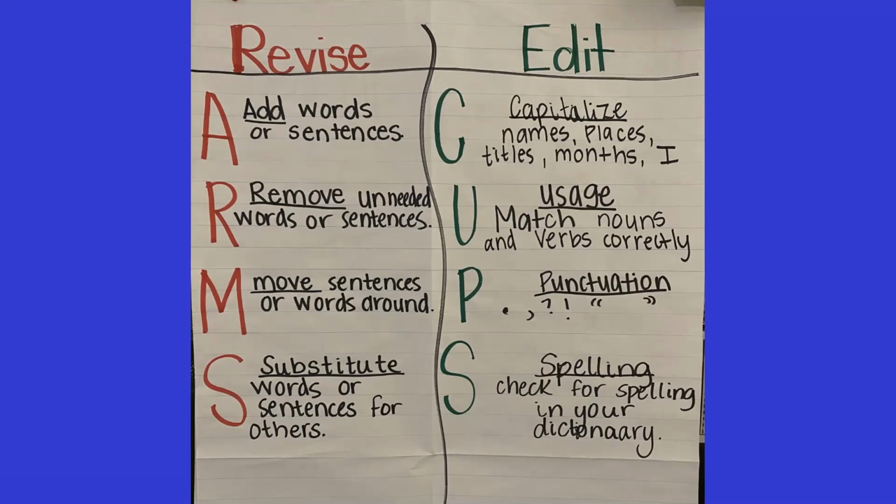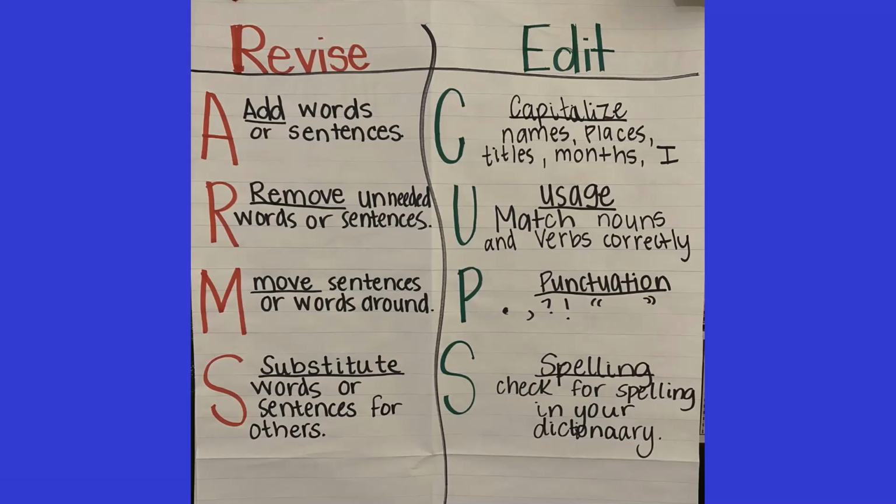But today we are focusing on CUPS, which is editing. So with C, capitalization. So making sure that names, places, titles, months, and the letter I, for when you're talking about me, myself, I, they are always capitalized. All right. Then U, usage. So match nouns and verbs correctly.